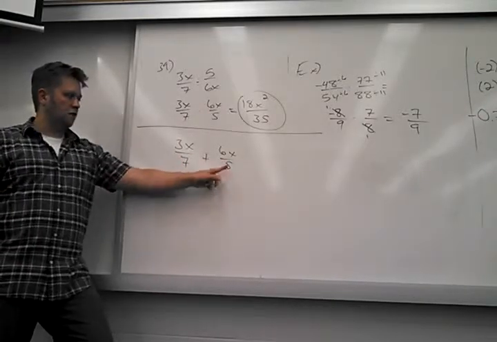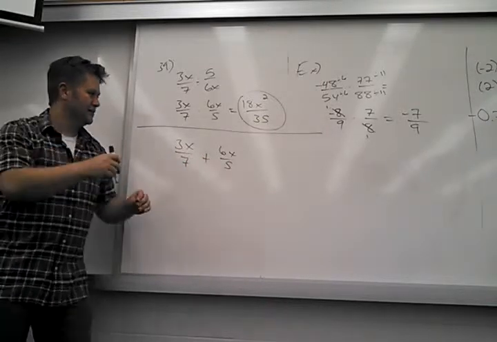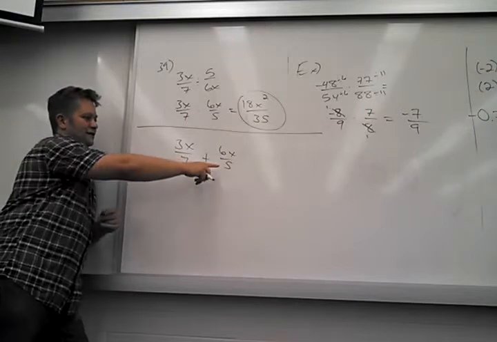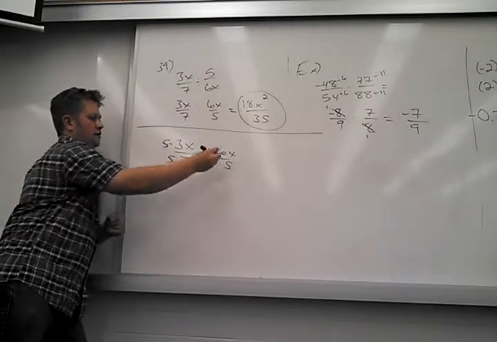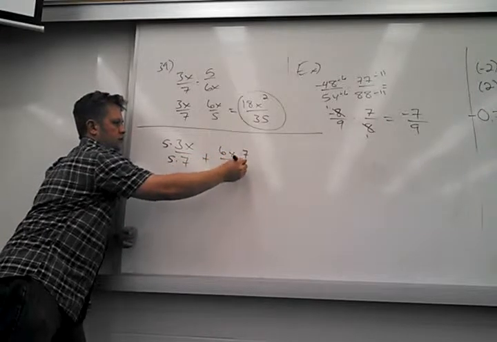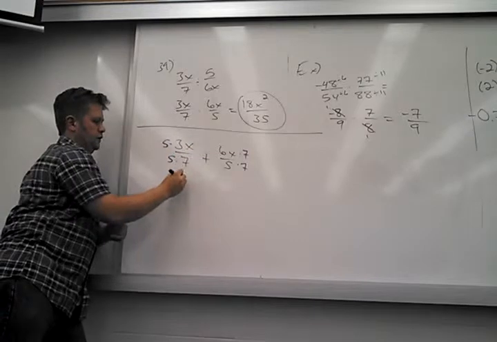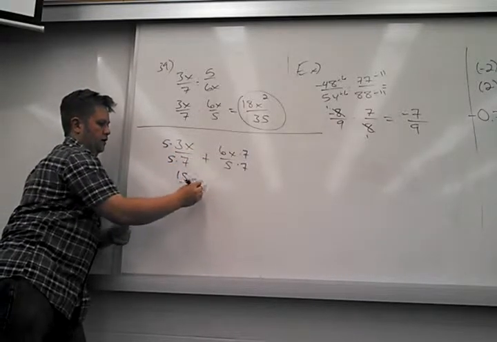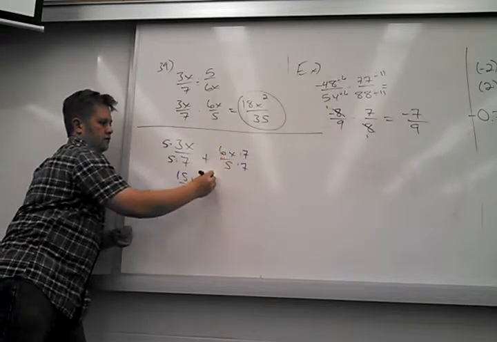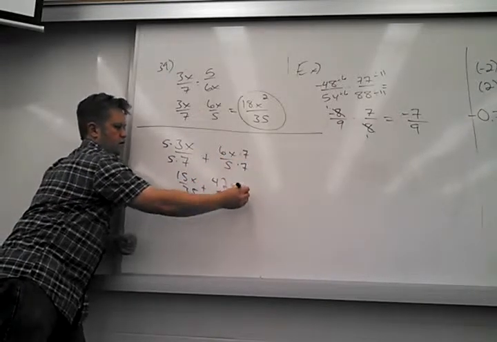Because this guy's missing him and he's missing him. So this guy you multiply by 5. This guy you multiply by 7. So what do I get here? 15x over 35 plus 42x over 35.